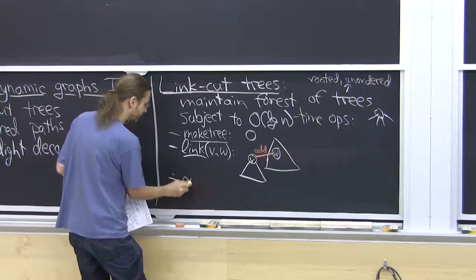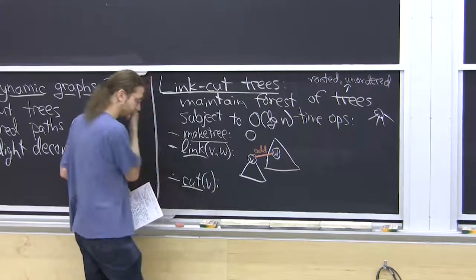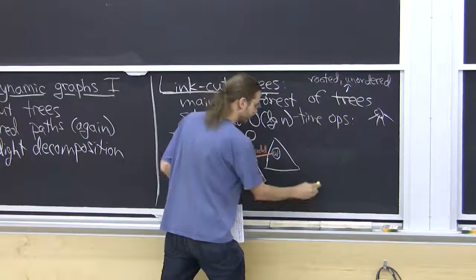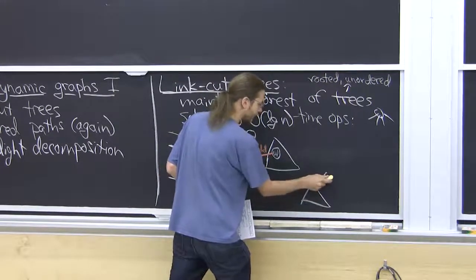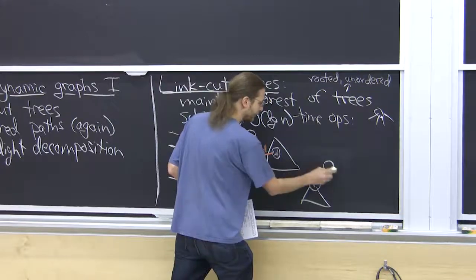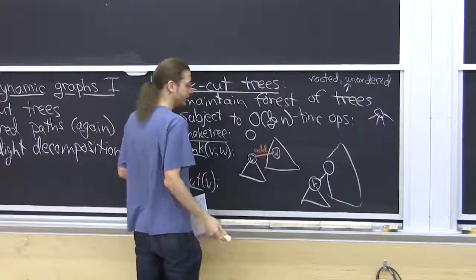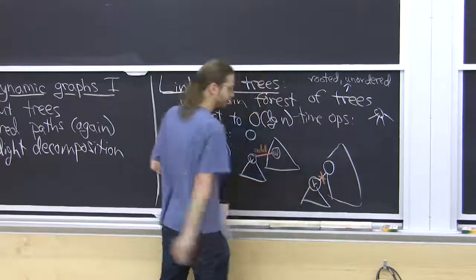Then we have a cut operation, which is basically the reverse. So let me draw it. We have v, subtree, parent, and whatever. There's a whole tree up here. And what we want to do is remove that edge.